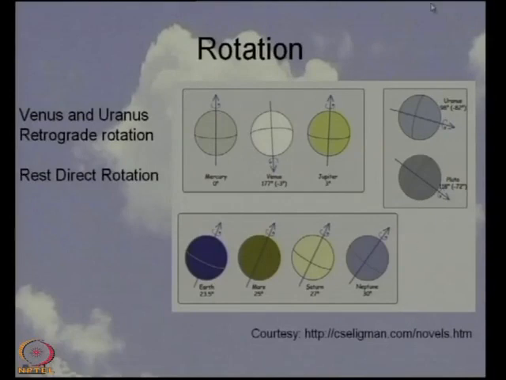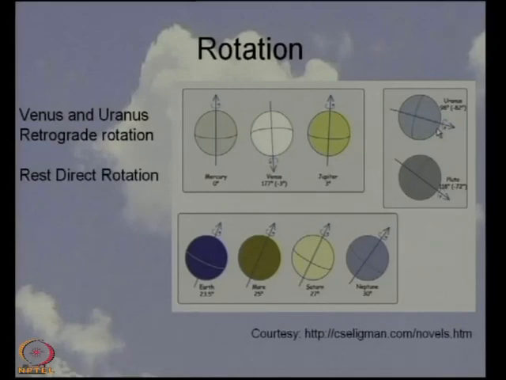Now the other exception, Venus is one of them, is Uranus, whose rotation angle is neither aligned nor opposite. It is perpendicular to the revolution axis. So the direction along which it rotates is roughly in the plane of the orbit.